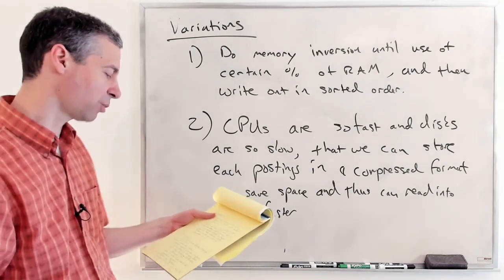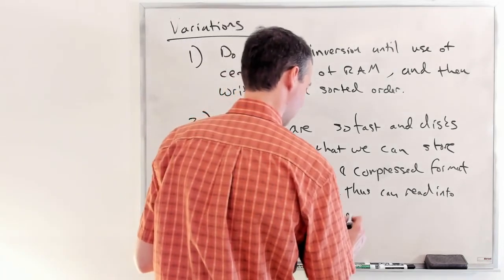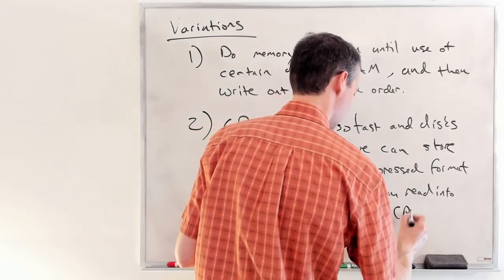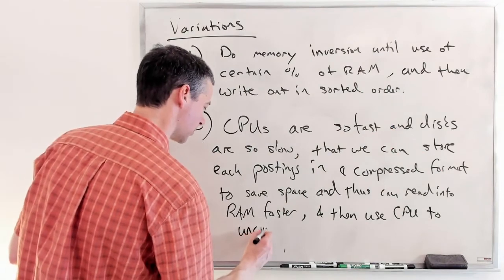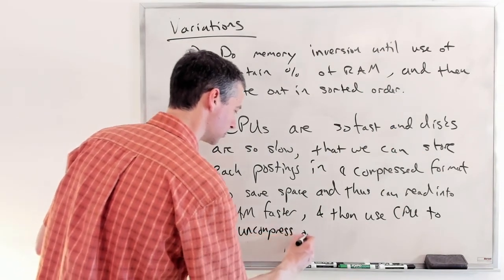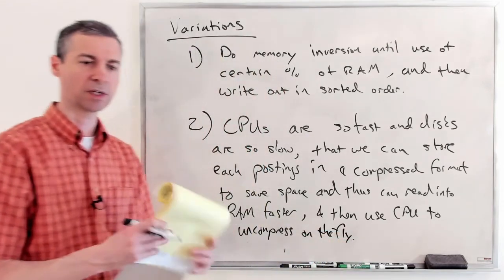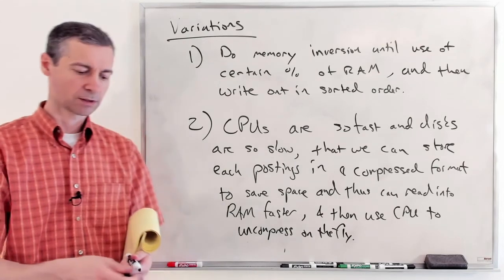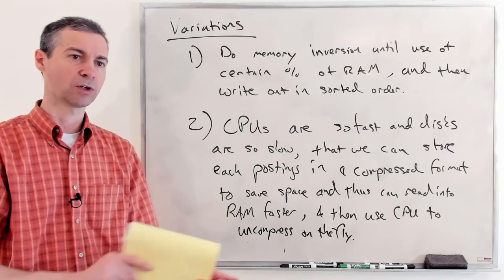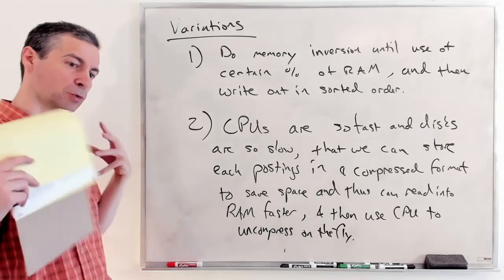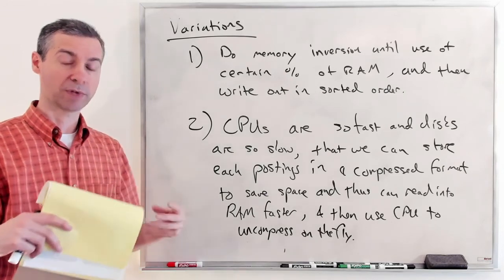But then wait a minute, it's compressed. But CPUs are so fast, and we use the CPU to uncompress on the fly as we run our algorithm. This is a widely used technique: if this thing is so slow, but I can use something else that's super powerful and fast to compensate for that, that's actually a good deal.